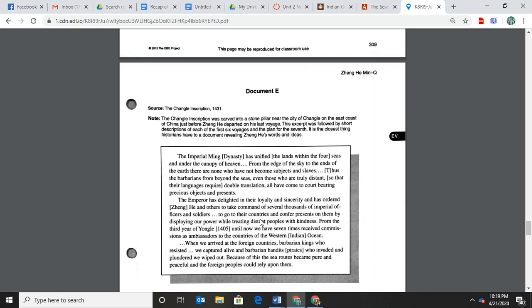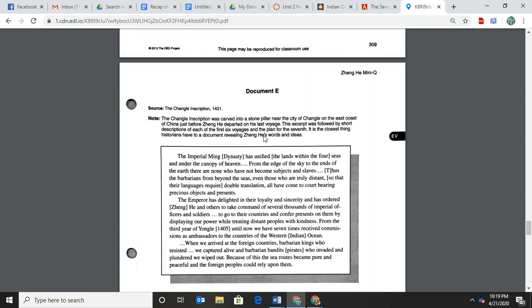The historical significance is that they wrote this right before he went off on his 7th and final voyage. The intended audience would be anybody living in China, and for the point of view, consider why they took the time to carve it in stone. Carved in stone is important. They didn't write it on a piece of paper.